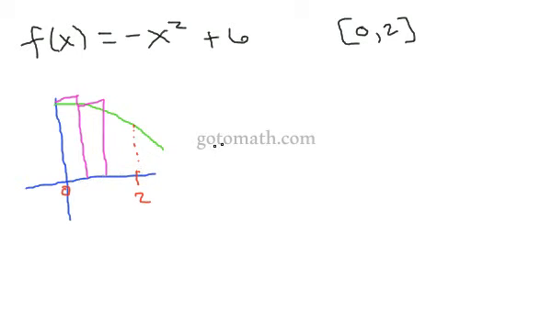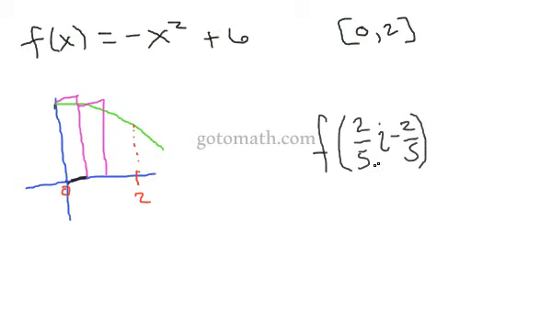But if we divided this into 5 pieces, 2/5 would be the width of this rectangle, and of course the height of the rectangle is going to end up being f of 2/5 i minus 2/5. I just about forgot what I was doing there.